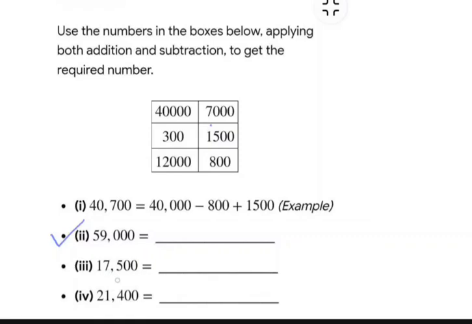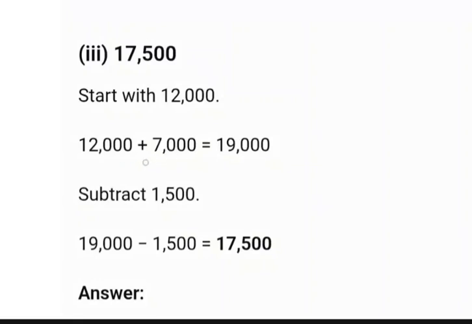Move to the next question, 17,500. In this question, the nearest number to our target number is 12,000. So first we can take 12,000. After 12,000, we can add the next number, that is 7,000. So 12,000 plus 7,000, the answer is 19,000.